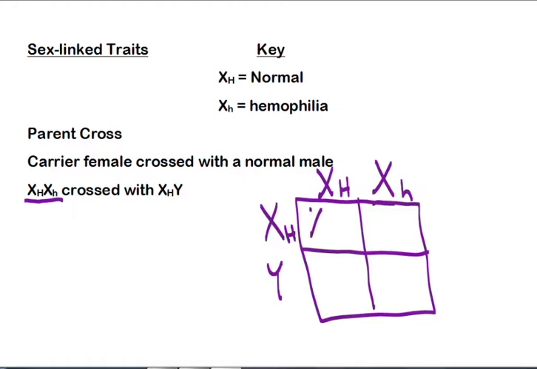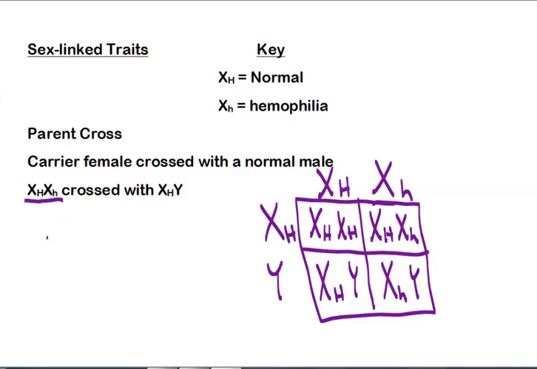So when we show the possible offspring for this cross, you can see that the females can either be homozygous dominant for the normal blood trait, and then the males are either going to have it or they do not.